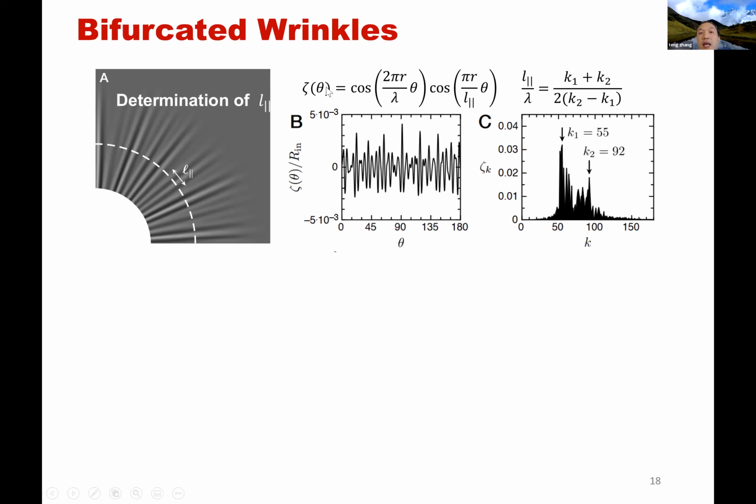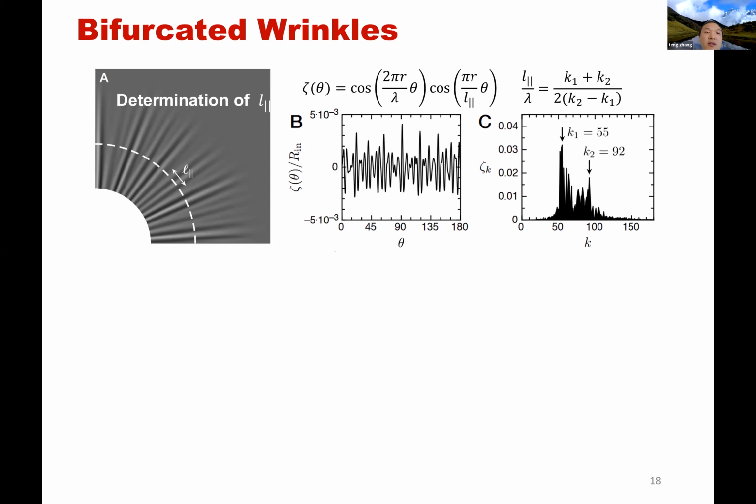We can use this function, a two-wave superposition, and based on the wrinkle amplitude as a function of theta, we can do the Fourier transform. So we can get a two-wave peak. From this two-wave peak, we can define L parallel.